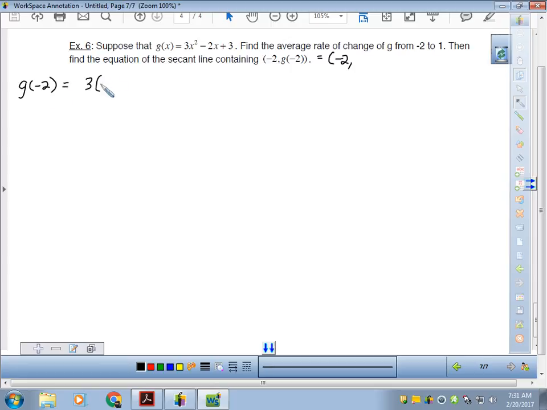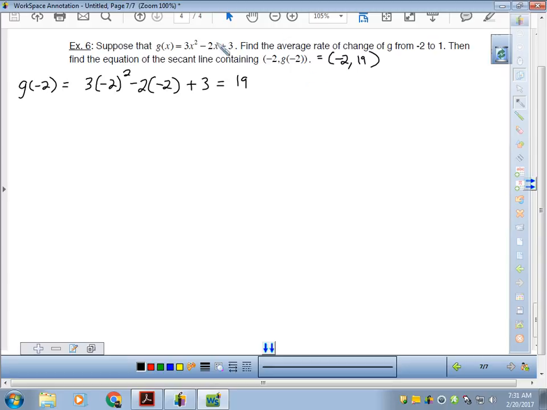So 3 times negative 2 squared minus 2 times negative 2 plus 3. And then I'm going to go to my calculator. And that comes out as 19. So that point they're asking us about is negative 2 comma 19.